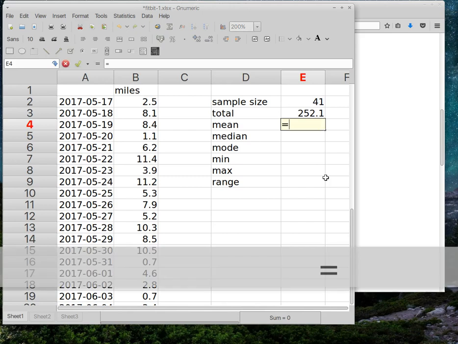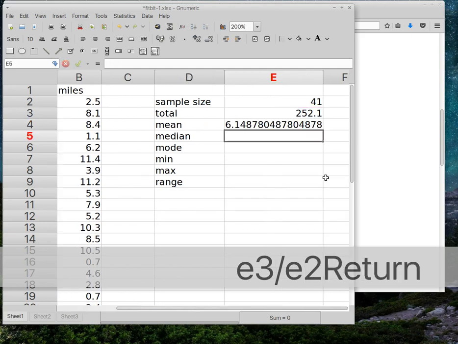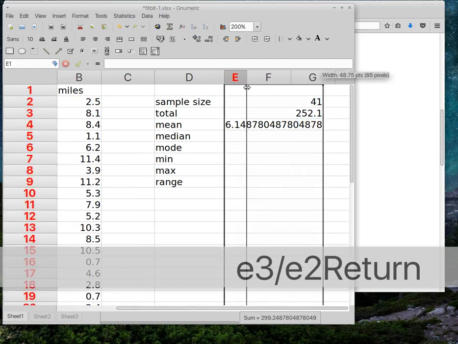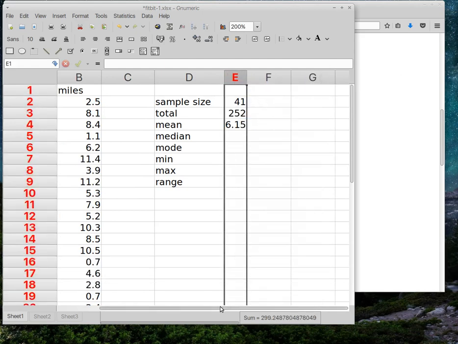I can do equals. Notice that the total was in cell E3. E3 was the total. And I can divide that by E2, which was the sample size. And that says she walked an average of 6.15 miles per day.